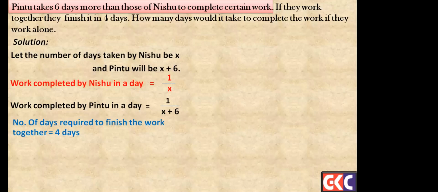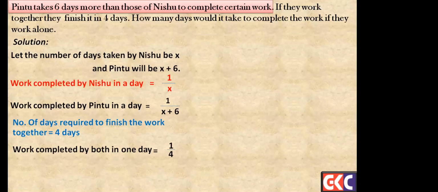Like what we saw previously, in 4 days the whole work is getting completed. So in a day how much will it be? 1/4. Yes. So work completed by both of them in 1 day is equal to 1/4. Is that clear? Why did 1/4 come, did you understand?